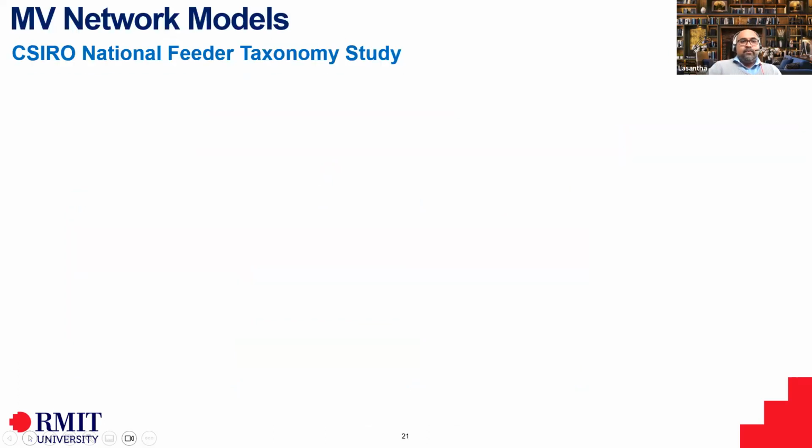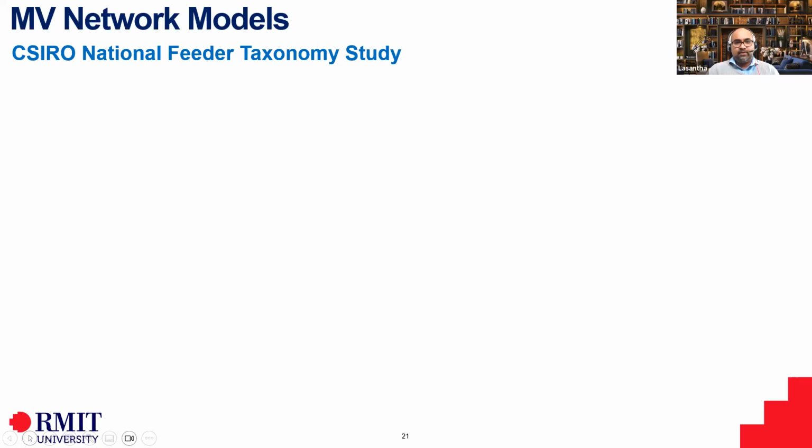So what we did was, to carry this out, we looked at what sort of networks exist to simulate these scenarios. We saw that CSIRO has a comprehensive list of networks, 20 plus networks, but we can't really select all 20 and do this study.